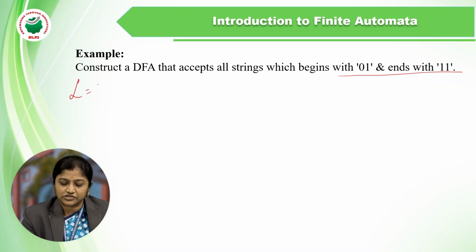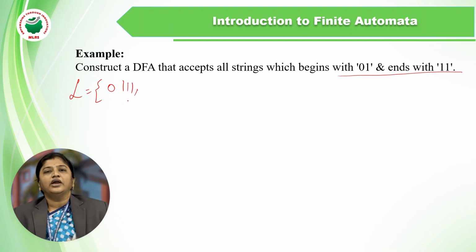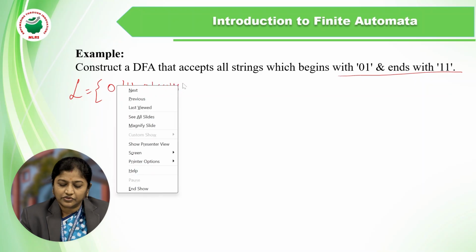Just we'll write the possible strings. Starts with 01, ends with 11. This means in the middle it can have n number of zeros and n number of ones, but the starting should be 01 and the ending should be 11. Starts with 01, 000, 11, 0.